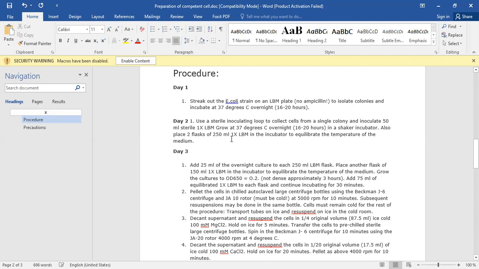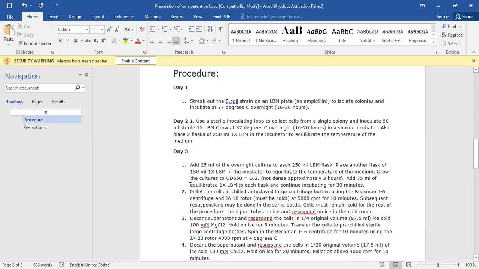Then we place two flasks of 250 ml 1x LBM in the incubator to equilibrate the temperature of the medium. Glassware is also taken in the incubator.